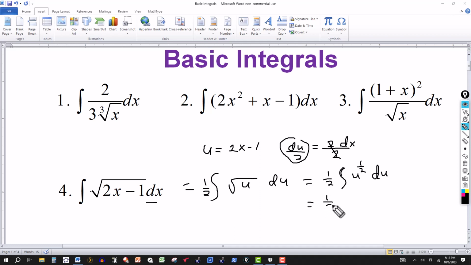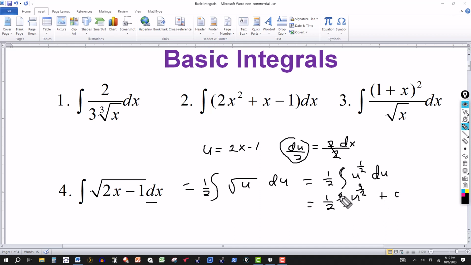Now I can integrate using the general power rule here for integrals. This will be 1/2. Add 1 to the 1/2 here. We'll integrate now with respect to u instead of dx or x. So add 1 to the 1/2, I get 3/2. And then I divide the coefficient, which in this case is 1/2, by 3/2, which means I just invert and multiply, so this would be that, and then it's plus the constant of integration.